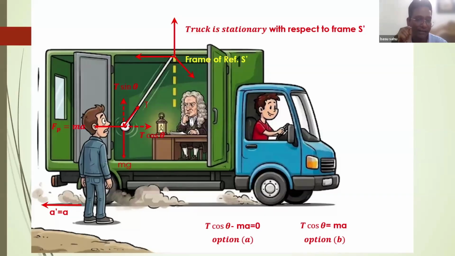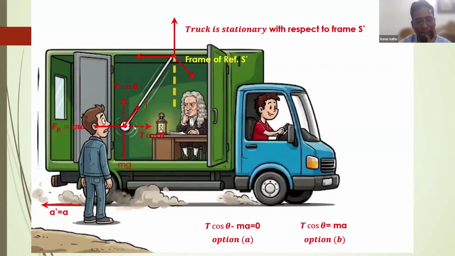But you cannot define a materialistic origin for this force. Remember, this is a force we can define in a non-inertial frame only. So MA here is not mass times acceleration. It is just a force. Here T cos theta is just a component of a force.